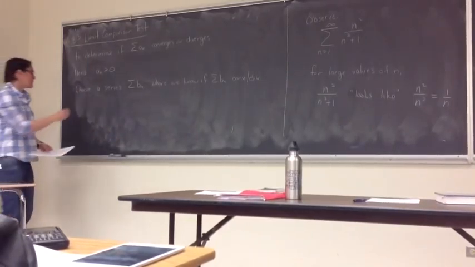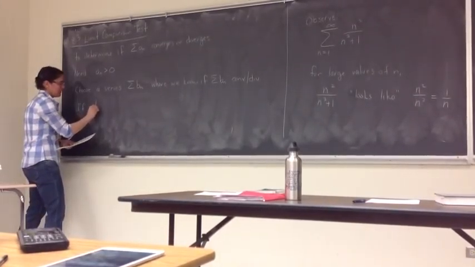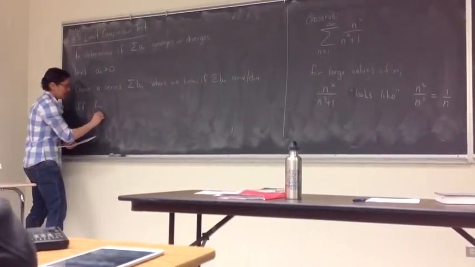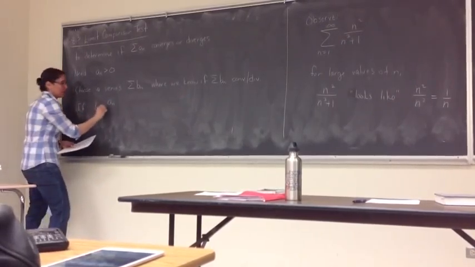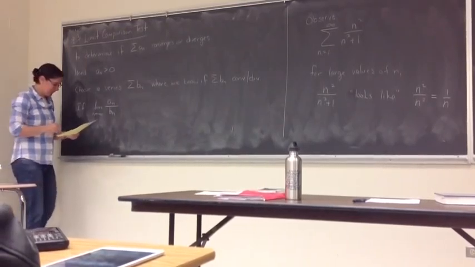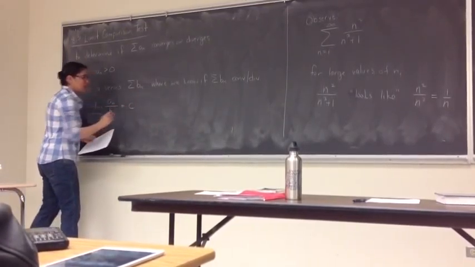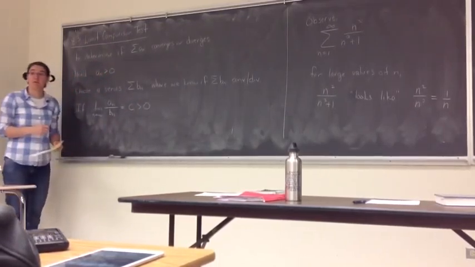Now, it's a little more precise than that, and here's the precision. It says if the limit as n approaches infinity of the mystery terms divided by the known terms is equal to c, which must be greater than 0.